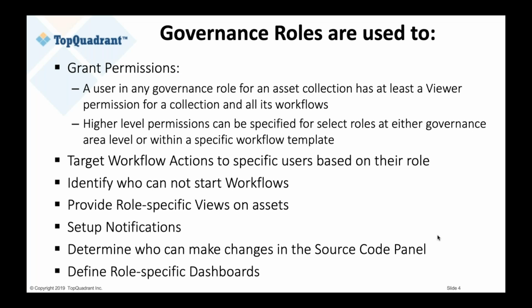The high-level permissions can also be specified for some roles. And in the demo, I showed you how we could change the permission from the viewer to the editor. That can be done at the subject area level, and you could also do that for specific types of workflows in the workflow templates.